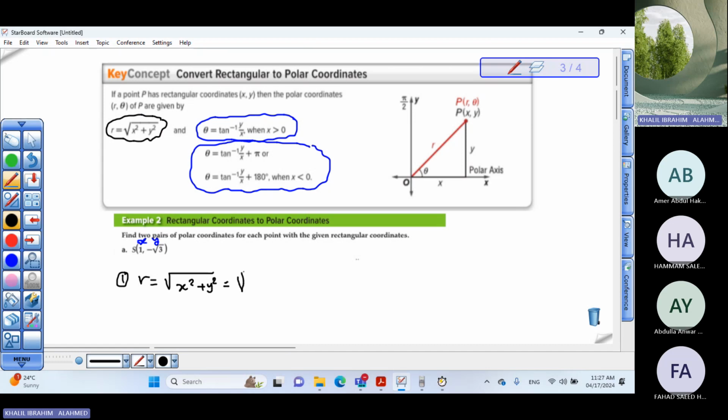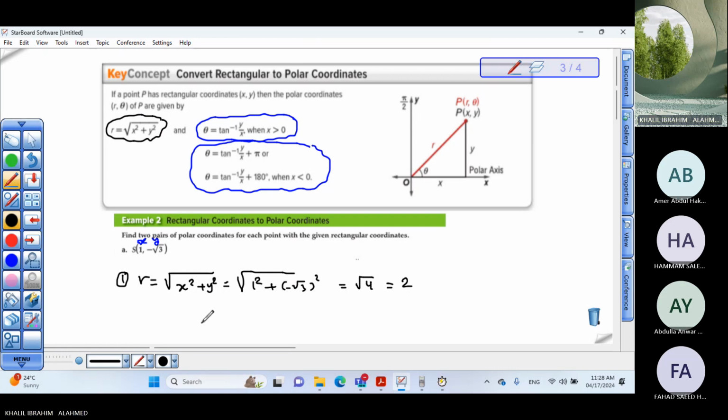This equals the square root of 1 squared plus negative radical 3 squared. The answer equals radical 4, which equals 2. This is R.